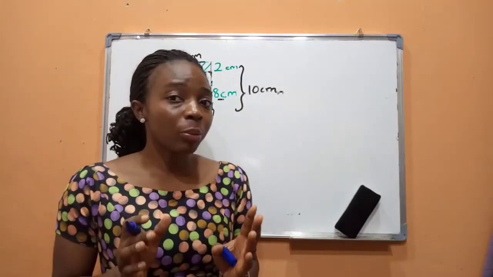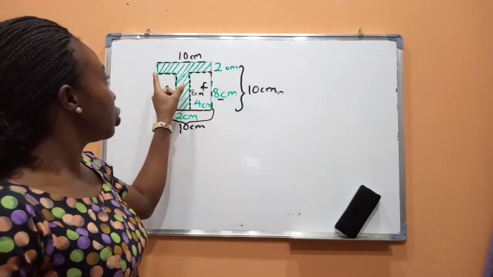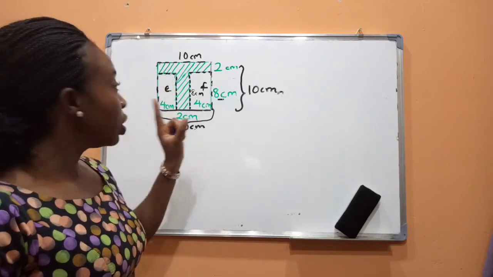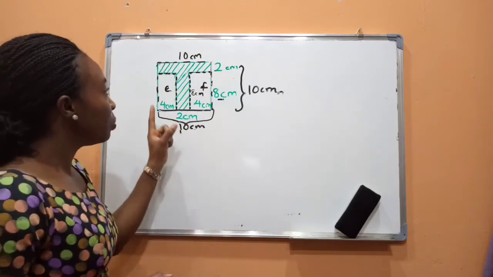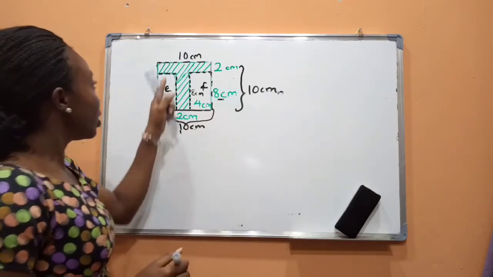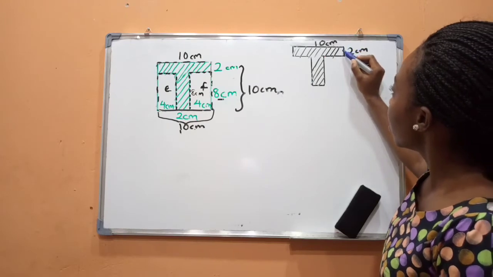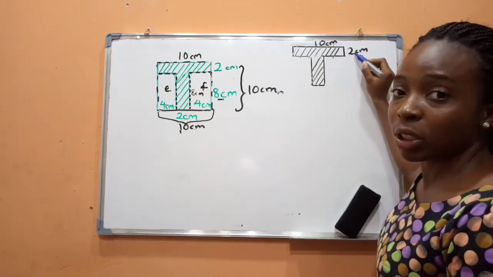Okay, so in the second method, we are simply going to bring out the shaded portion. We are going to bring it out and solve for it, all right? That's the T shape. We have 10 centimeter here and 2 centimeter here, okay?